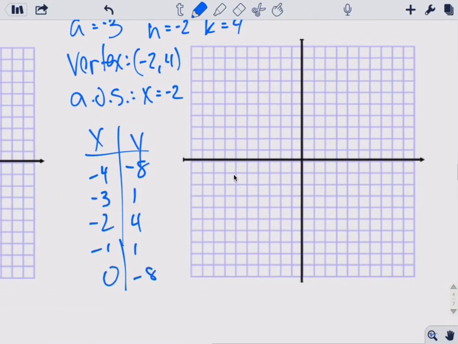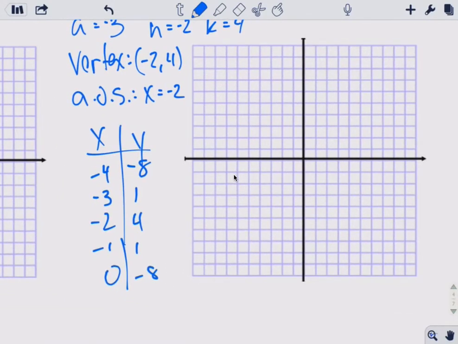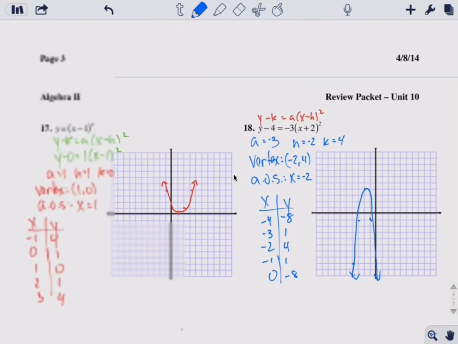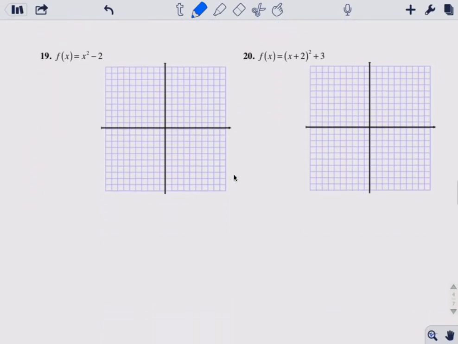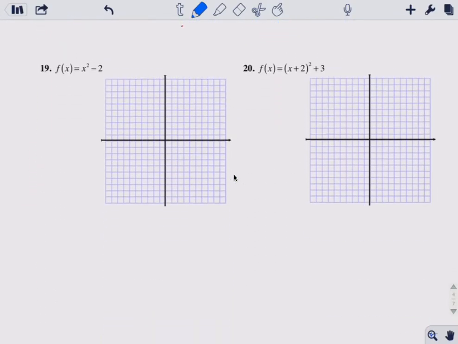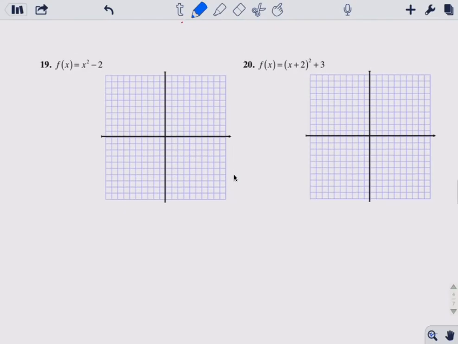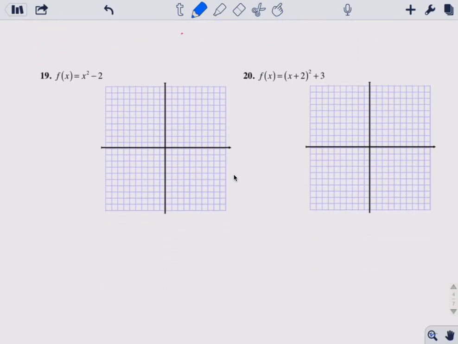And I plot those points. -4, -8 is there, -3, -1, -2, 4, -1, 1, 0, -8. That's 18, 19, and 20. So we'll stop there, and I'll pick up 19 and 20 on the next ones.